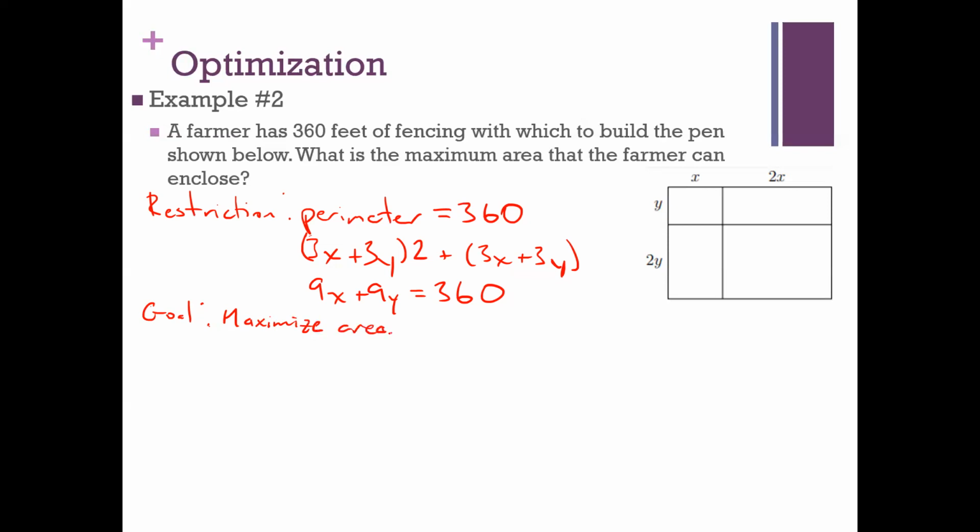Okay, so how can I translate that into things that are useful for us? What's the area of this structure in terms of my variables?